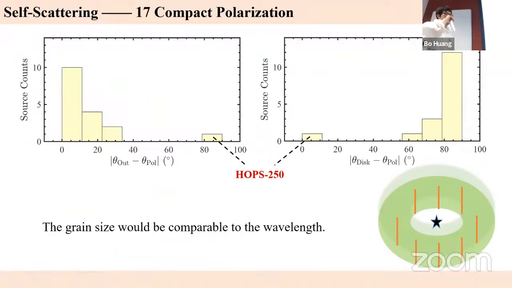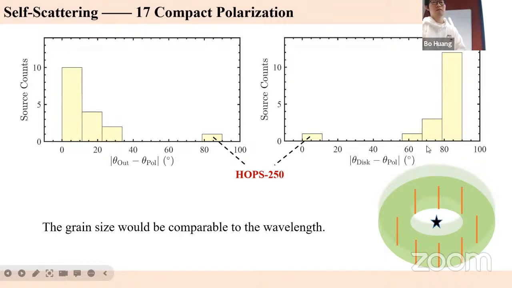This is for the 17 compact polarization sources. You can see the histogram. This is the outflow versus the polarization direction. We can see they are almost parallel.